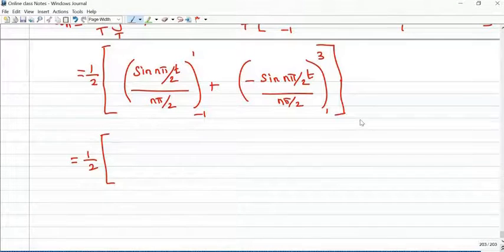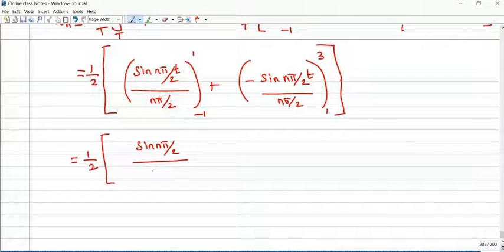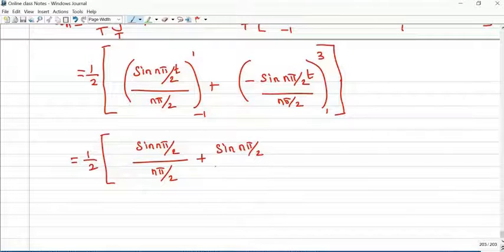Now substitute: 1 by 2, sin of n pi by 2 divided by n pi by 2, and then minus the lower limit. Since sin of minus theta equals minus sin theta, minus into minus gives plus sin n pi by 2 divided by n pi by 2.